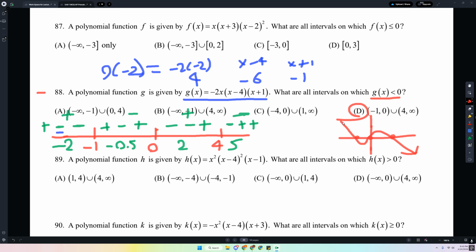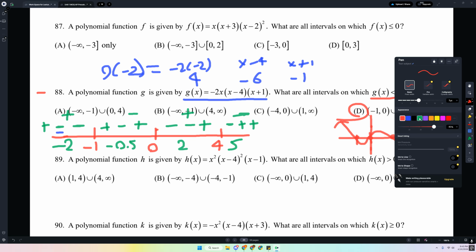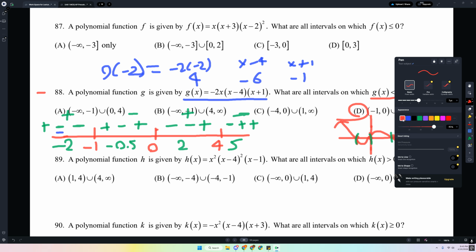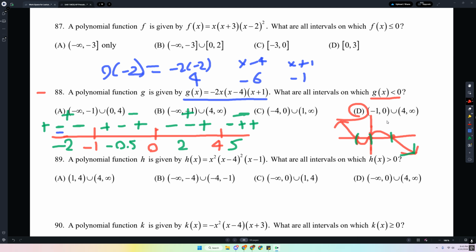And if you were to do a graph, you would see it's the same idea, negative 1 to 0, and 4 to infinity. So you could do a graph if you wanted to. But if you mess up the graph, it's easier to make a silly mistake.